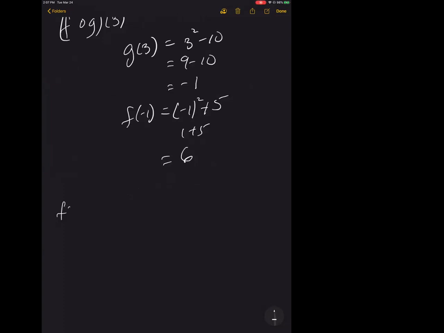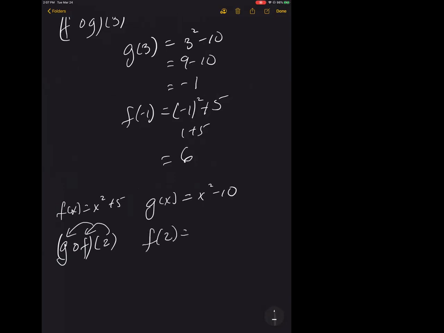f is x squared plus 5, g is x squared minus 10. I ask you to find g of f of 2. That means take 2, plug it into f, and the answer you get there, you then plug into g. So f of 2, 2 squared plus 5. What's 2 squared? 4.